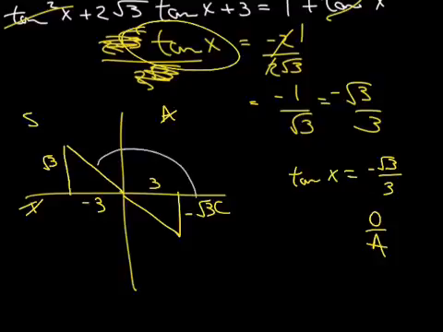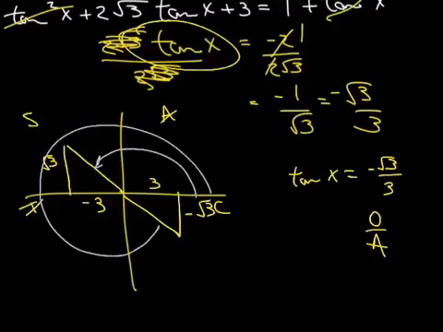So this angle here, and this angle here. So what is this angle that I have right here? If I took opposite over adjacent, which is the square root of 3 divided by 3, and I took the arc tangent of that, I get a 30-degree angle there.